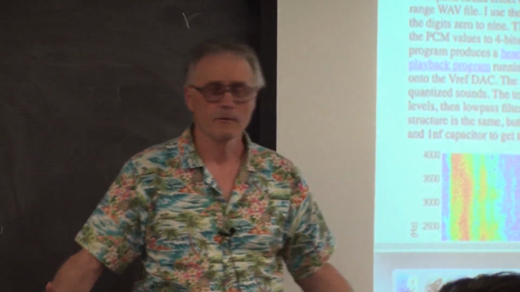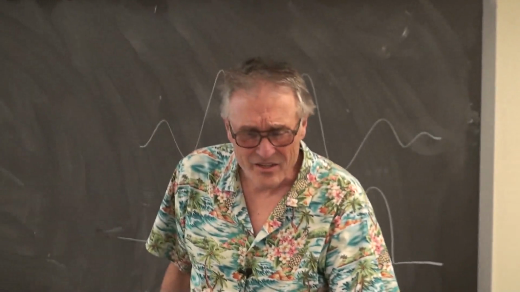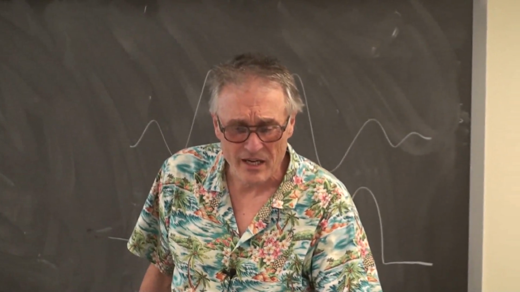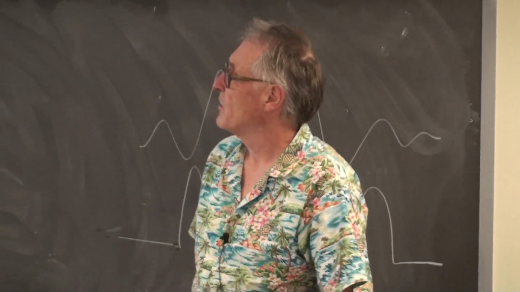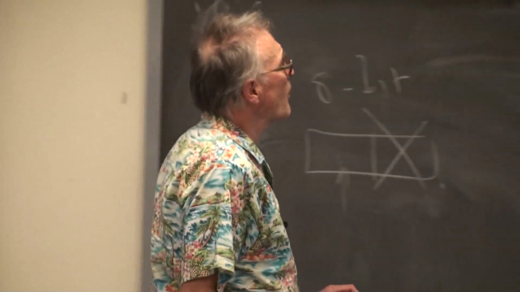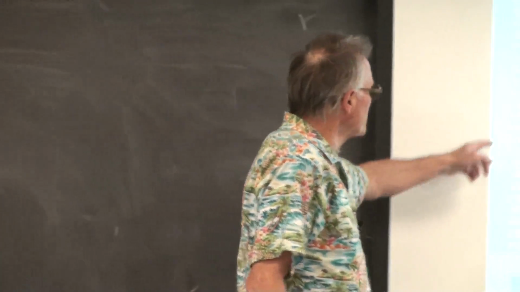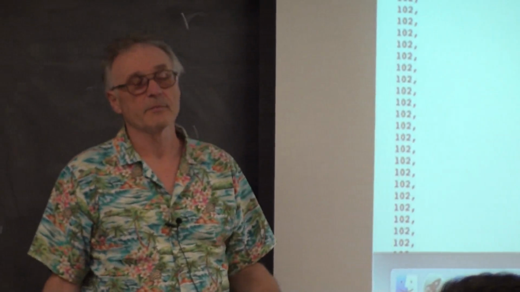Gigantic. Who cares? The C compiler doesn't care. For instance, here's a header file of the packed digits, and these are all 10 digits, and there's a lot of 102s at the beginning, which turns out to be silence.